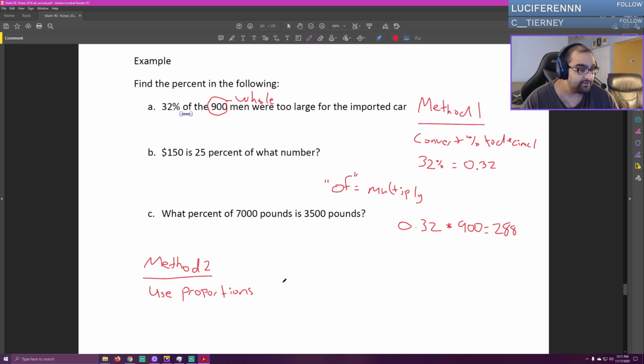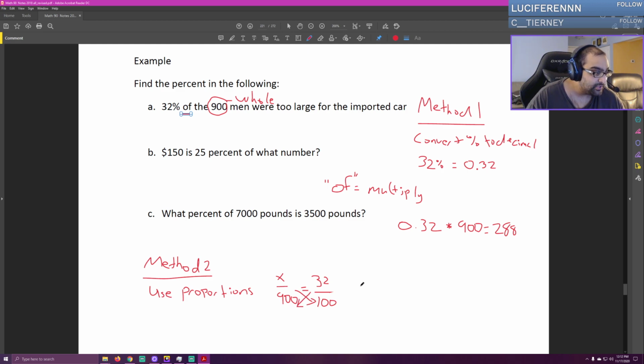So if we're going to use proportions like we did in the last example, we don't know what the part is, that's going to be x. We do know what the whole is though, that's 900. And this is going to equal 32%, or 32 over 100. So the percentage over 100. And then we just go ahead and solve for x just as normal.